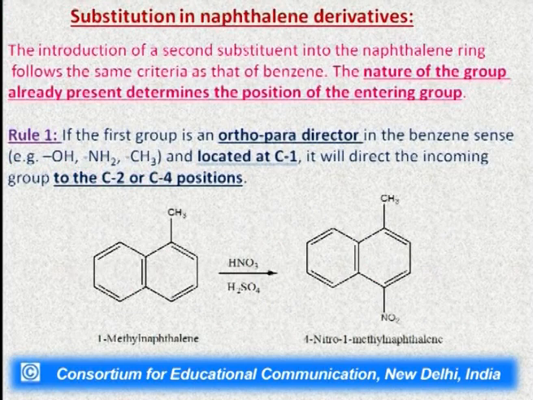Now comes substitution in naphthalene derivatives. In case of naphthalene, the introduction of the second substituent into the naphthalene ring follows the same criteria as that of benzene. The nature of the group already present in the naphthalene will determine the position of the entering group, that is, at which position the incoming group will come.